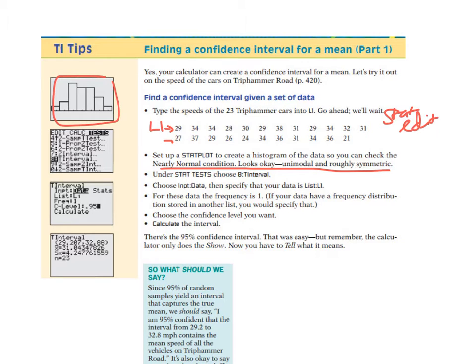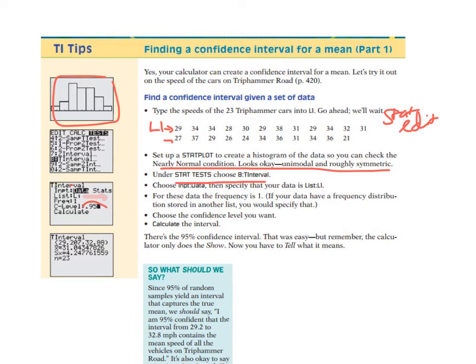Then you're going to go to stat tests and go to number 8, which is T interval. You want to make sure data is highlighted because that's different than if you enter a statistic, which we're going to do next. You want your list to come from L1. So notice that's literally what's highlighted here.